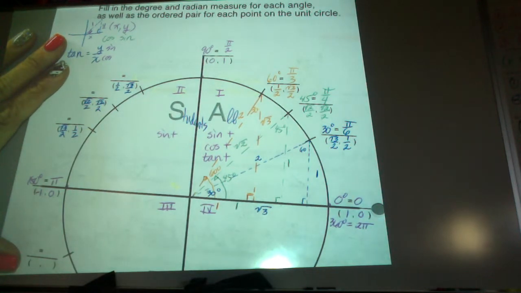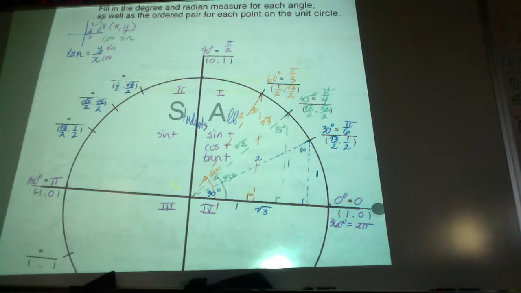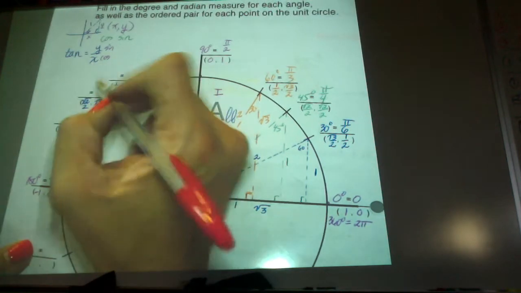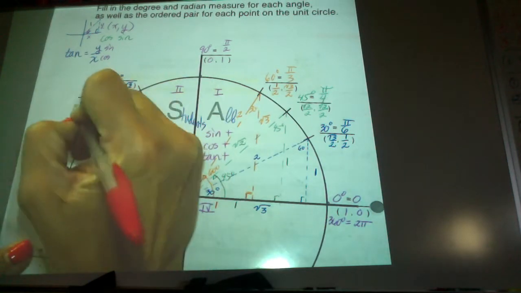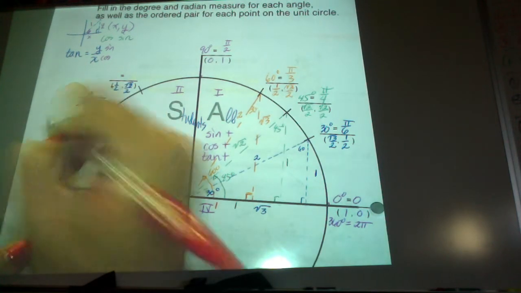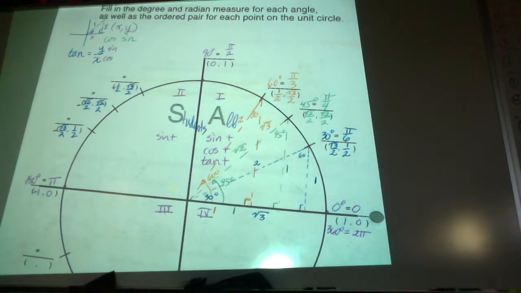But we have to figure out signs. In quadrant 2, are x's or y's negative? Or both? What's negative in quadrant 2? X's. So only my x part of the ordered pairs are negative. And make sure that the negative is clearly separate from the division bar. Are you with me? Did you put your negatives in?